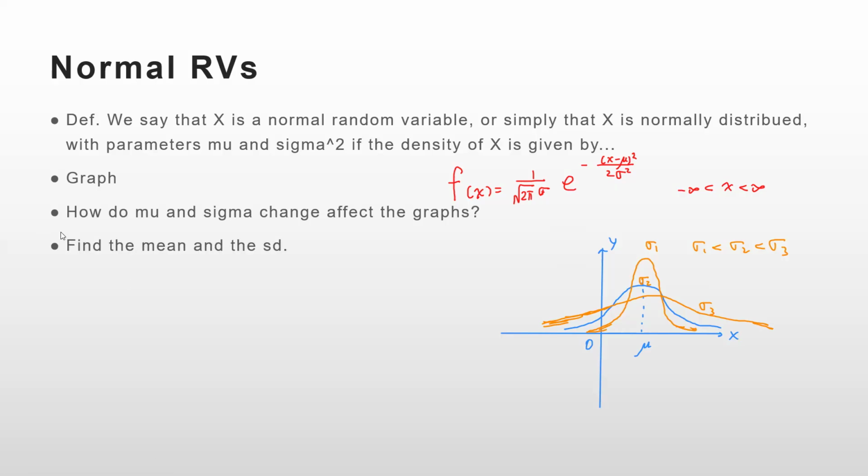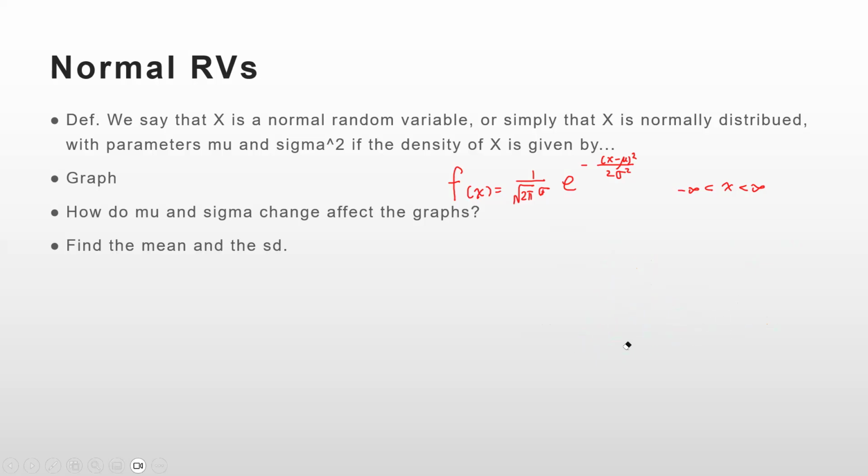So how can we find the mean and standard deviation of this distribution? It will be a little bit more work. So if you're not interested, you can skip this part. By the definition, say we have x, which is a random variable, which follows this density.